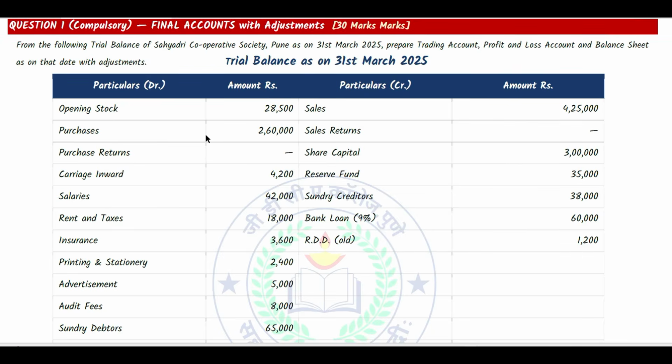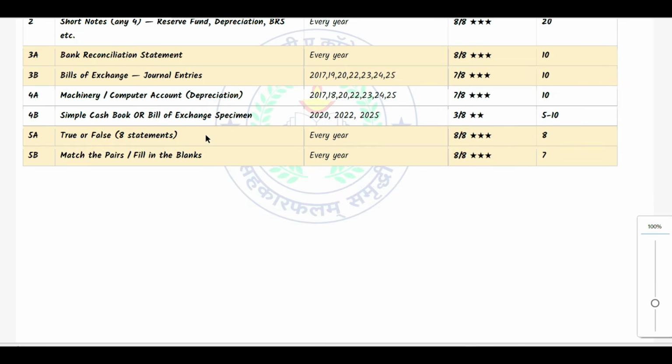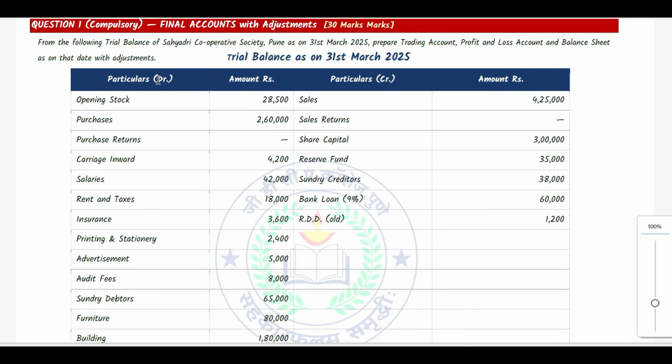So these are the kinds of questions which will be coming in the examination. The first question, every year for the last 8 years, has been the same. They will give you a trial balance as on 31st March 2025 or 2024 or 2026, whatever it is.